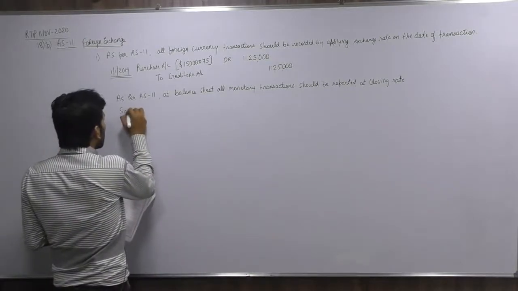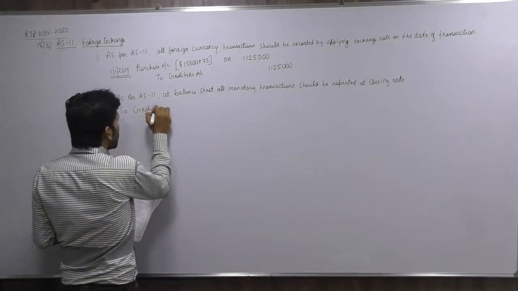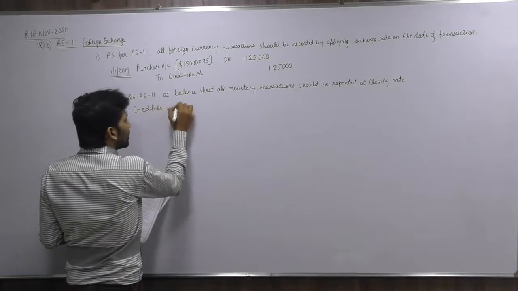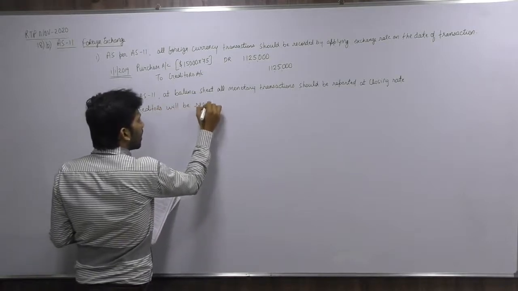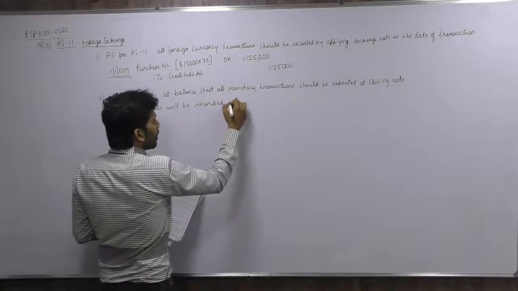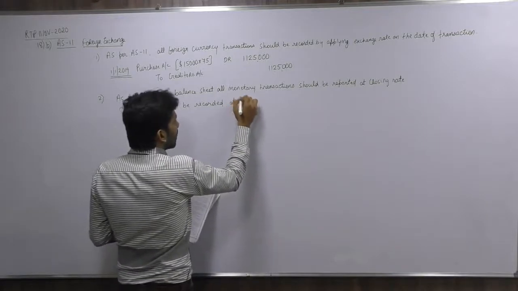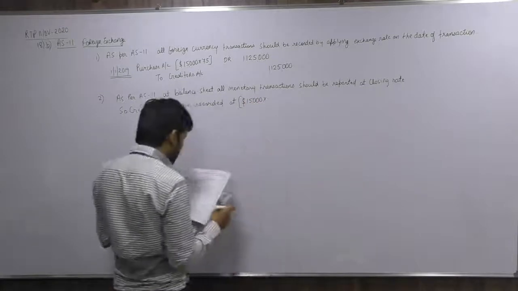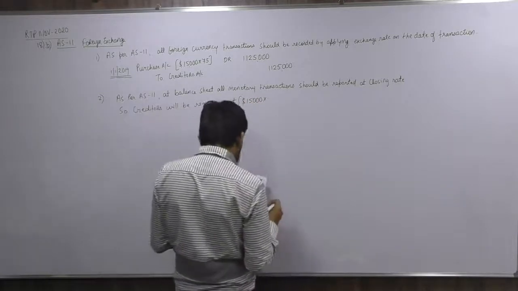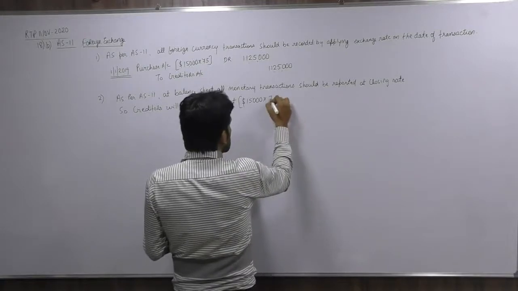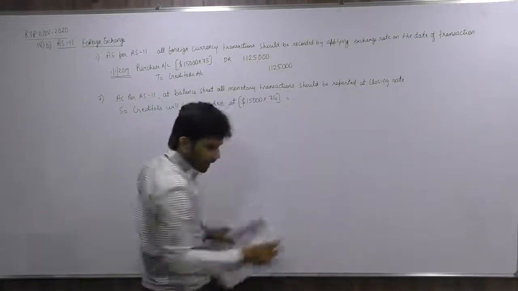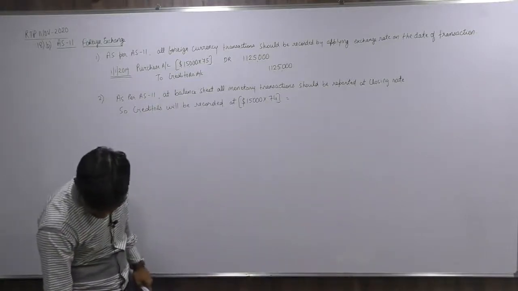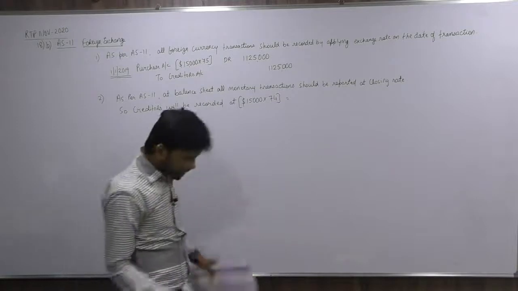So creditors will be recorded at $15,000 into 74 के भाव से रिकॉर्ड होगा. That is 15,000 into 74. This is 11,10,000.